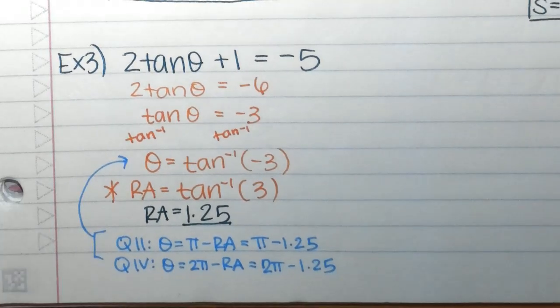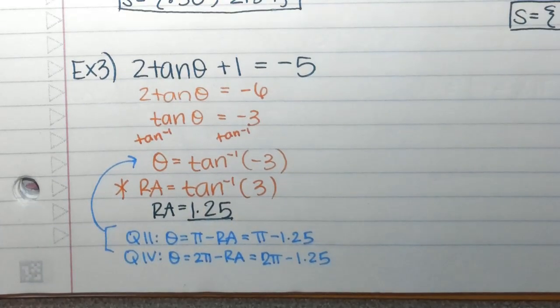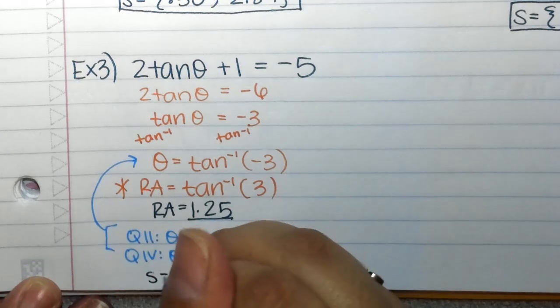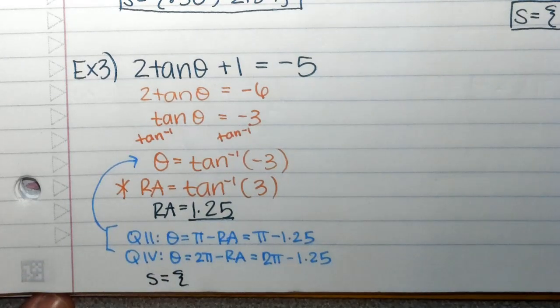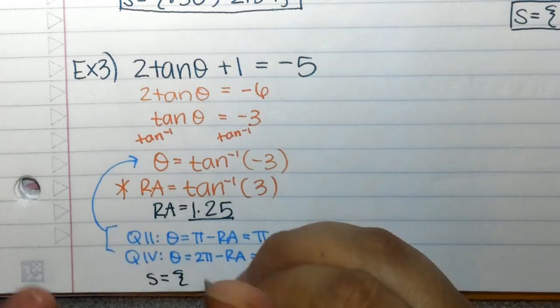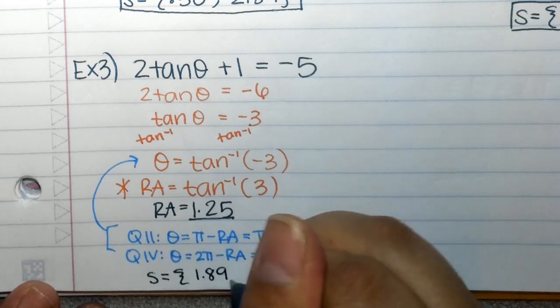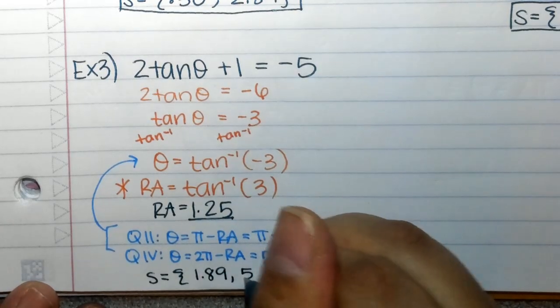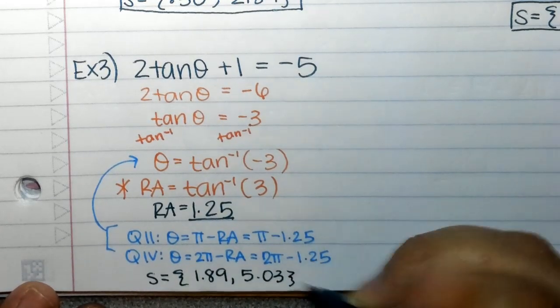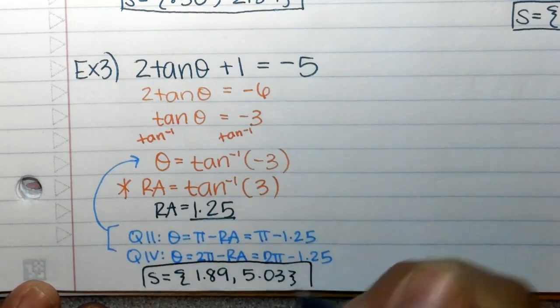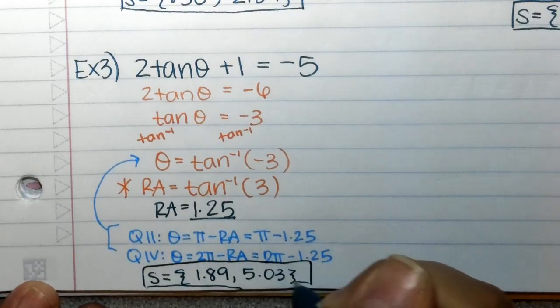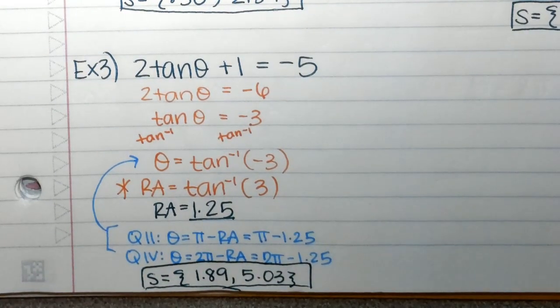But I need to see some form of work on how you're getting these solutions. So what is my solution? 1.89 and 5.03. Do I have any questions about this? Any questions?